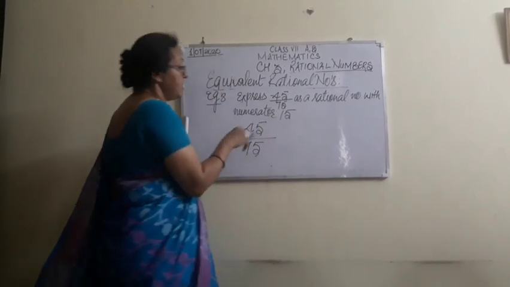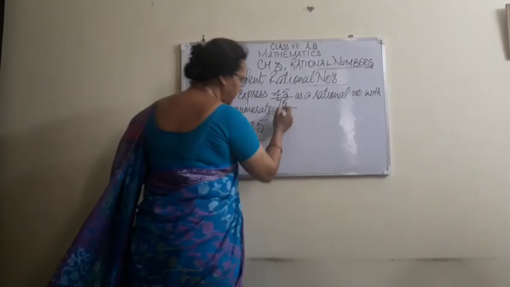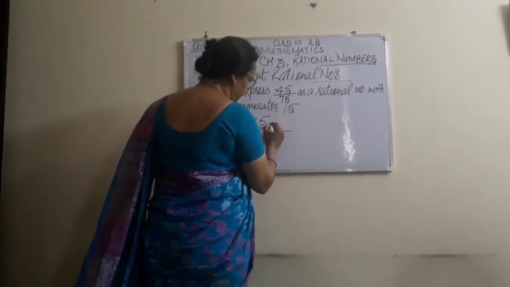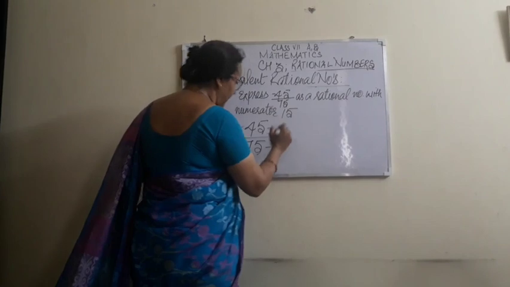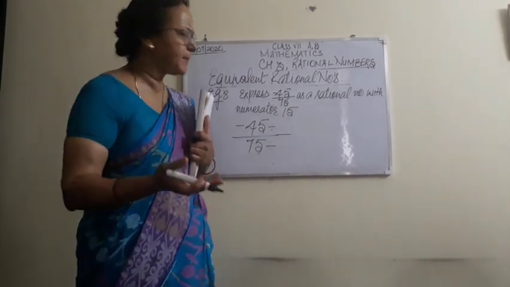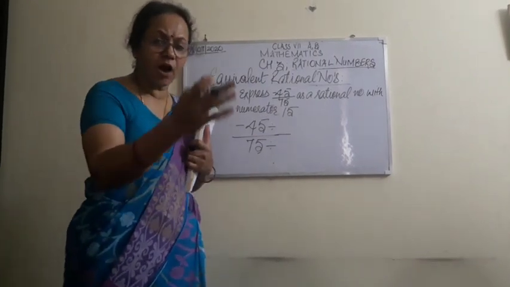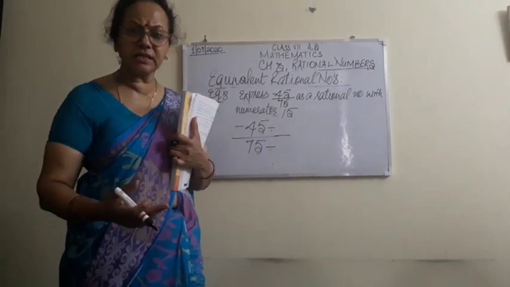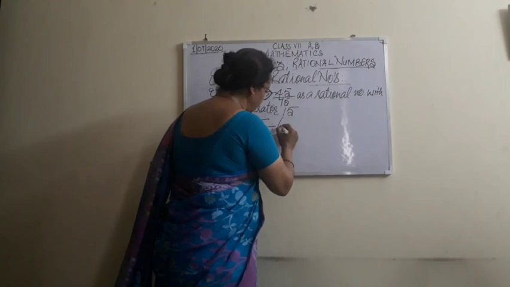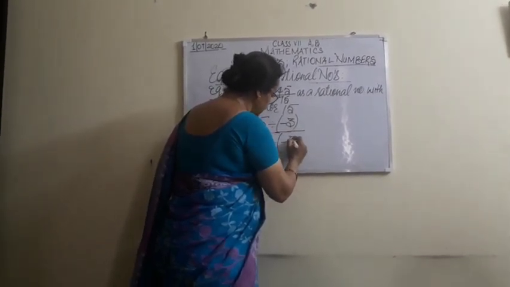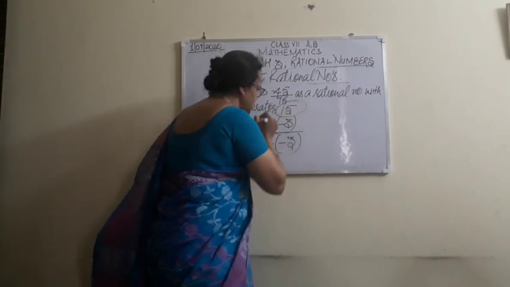And now we are reducing. Numerator 15 is less, so what will we do? We will divide by the number in whose table 45 comes, so that we get 15. So minus 3. We are dividing by minus 3 because 15 is a positive number.